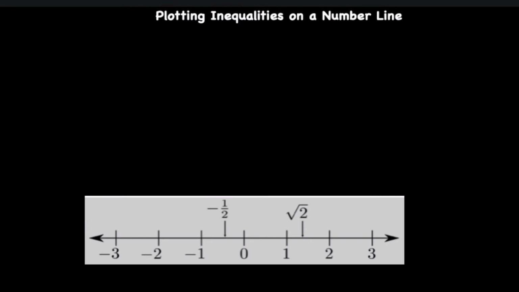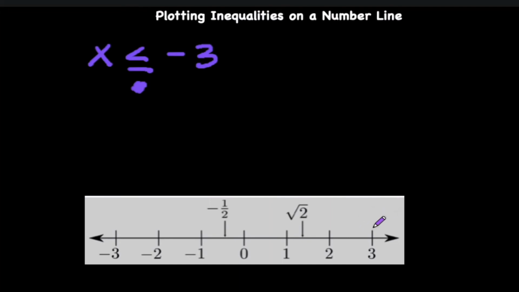Okay, so what about if you're given an expression such as x is less than or equal to -3? Will this be a closed circle or an open circle? So recall, this will be a closed circle. Okay, so let's go ahead and plot this on the number line.